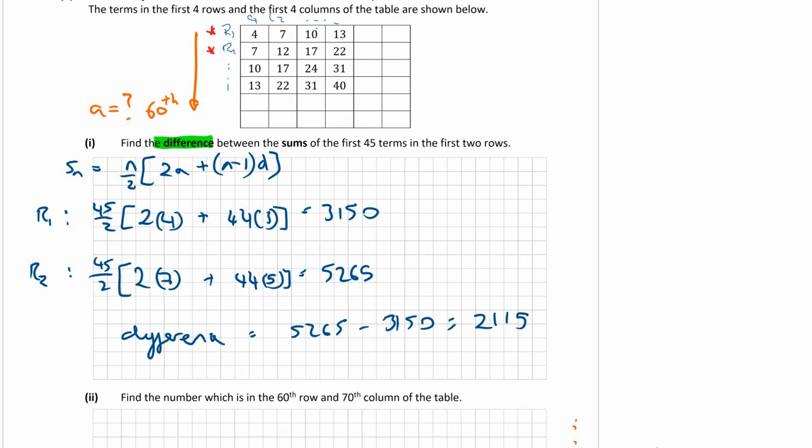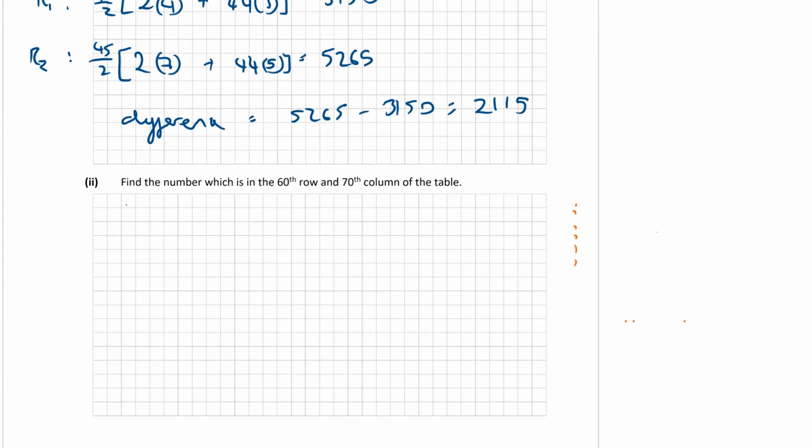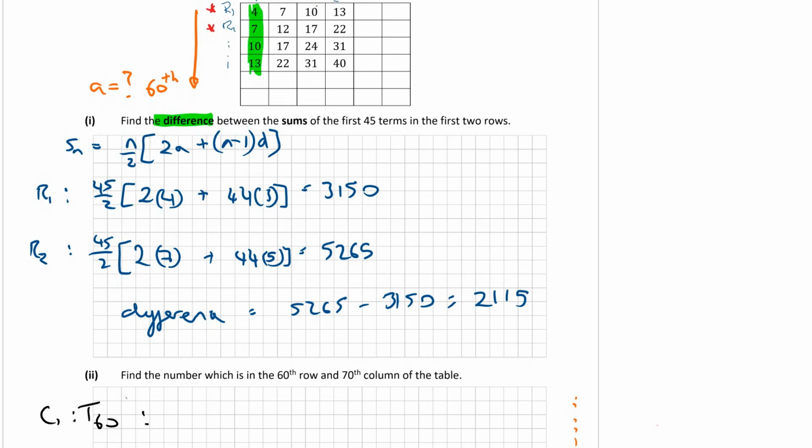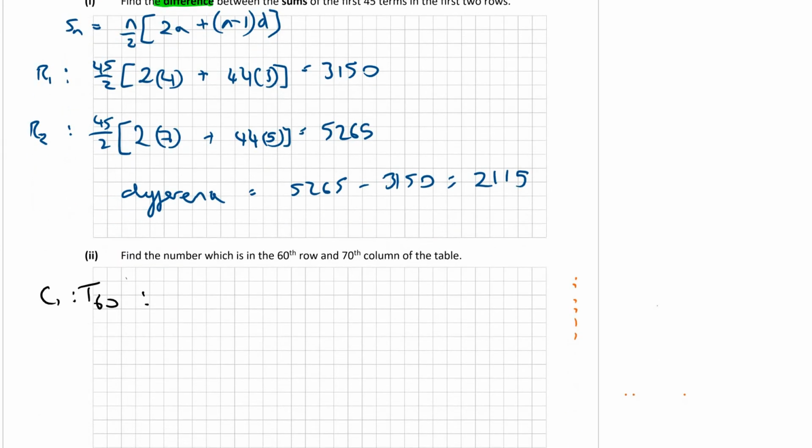So essentially I'm going to be taking this column and finding the 60th term in that column, because that gives me the 60th row. In column 1 I want T60. Let's remind ourselves, Tn equals a plus n minus 1 times d.